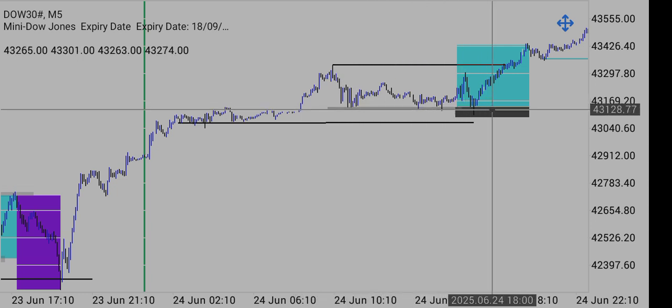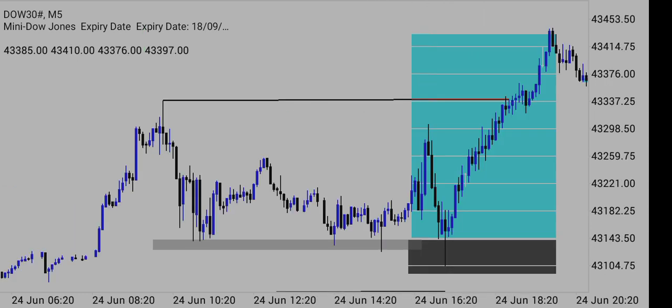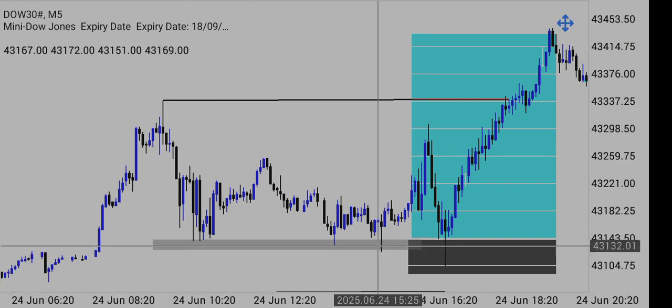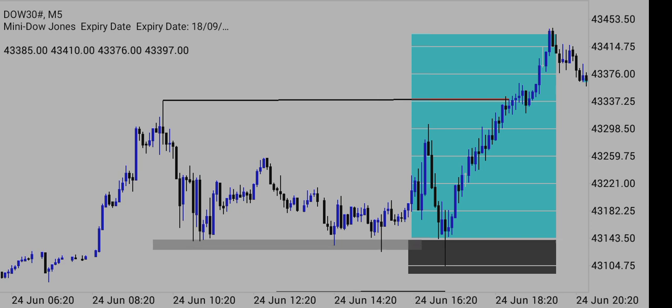It takes down this liquidity. Look at this. These are equal lows, and price takes it and then gives a big move.